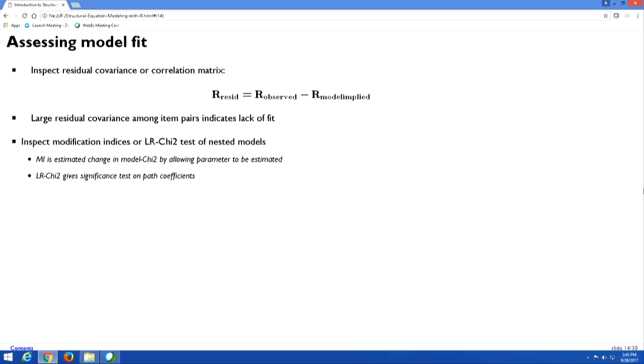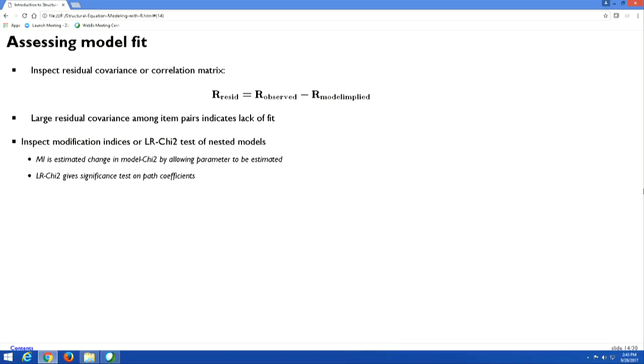So you'd want to look at the actual residual correlation matrix, but there are some statistical tests you can do, and I have examples of this later. You can look at what's called the modification indexes or indices. That's a score test, or if you're familiar with econometrics, the Lagrange multiplier test.